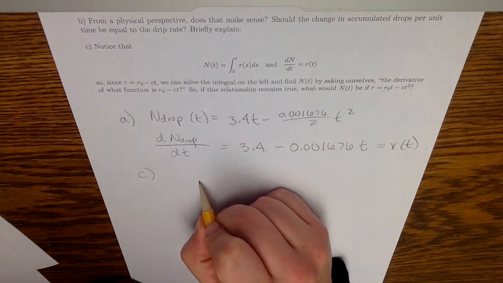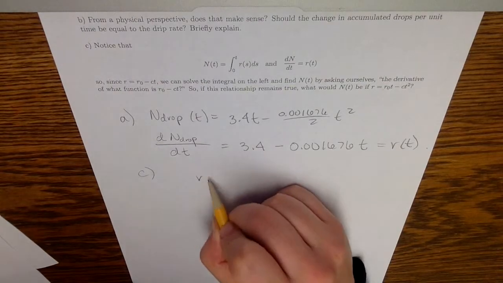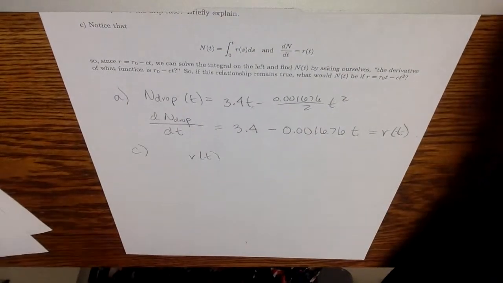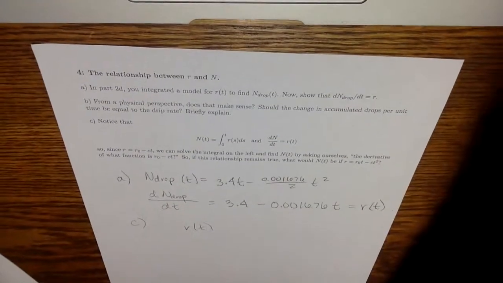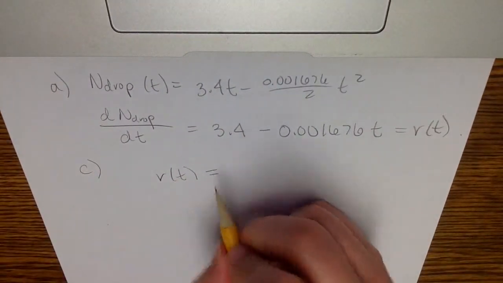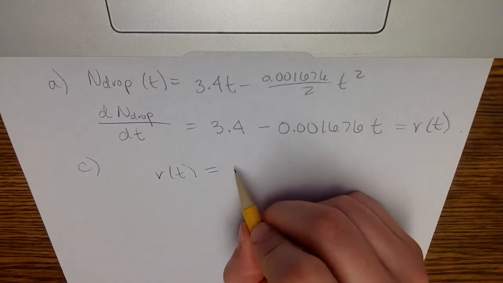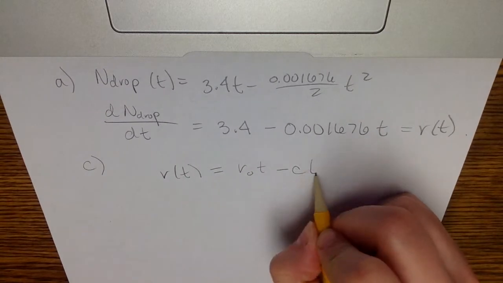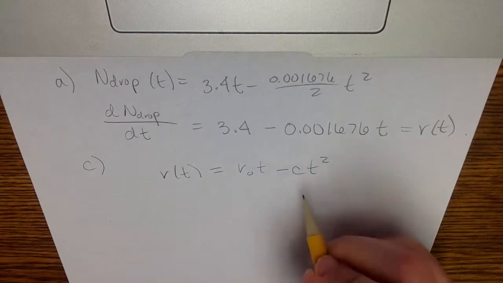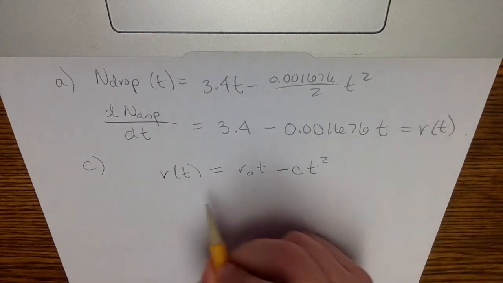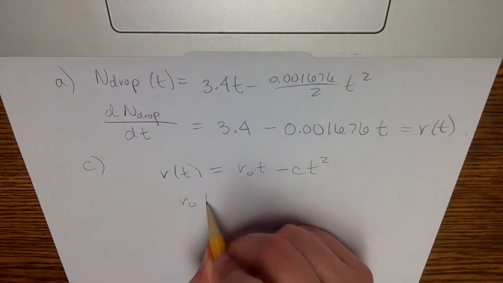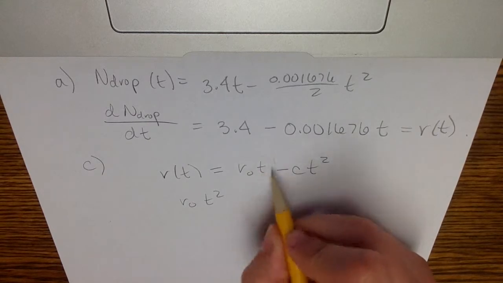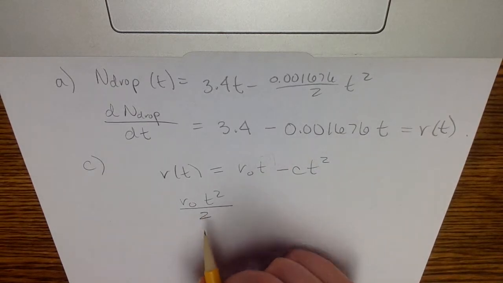So if we have r of t is r0 t minus c t squared, okay, so then taking the antiderivative, we get r0, so obviously we're going to go up a power here, and then we have to divide by 2, right?